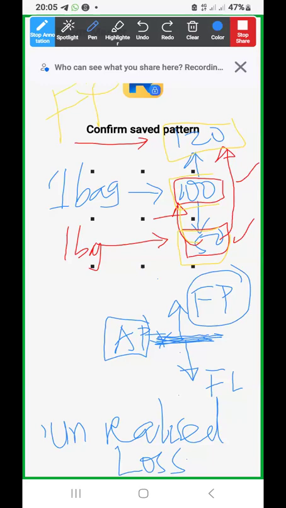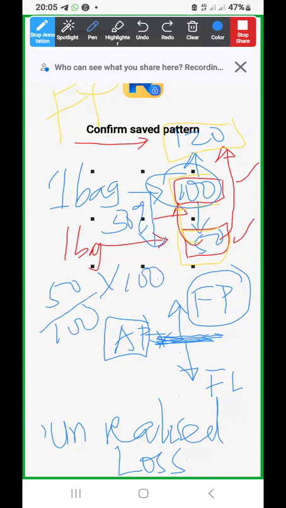Now, in respect to this, normally it is calculated in percentage. How I want to make this very clear. How far the price is going to drop from the entry price is going to be calculated in percentage. For example, if this price dropped by 50%, that means what is 50% of $100? $50.